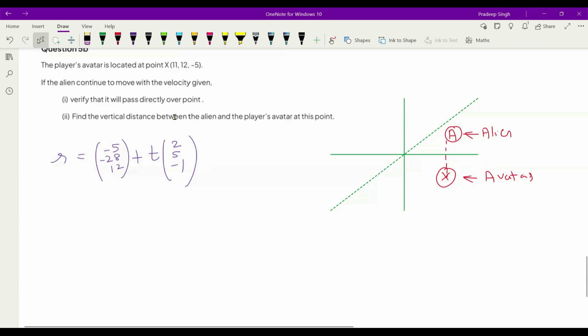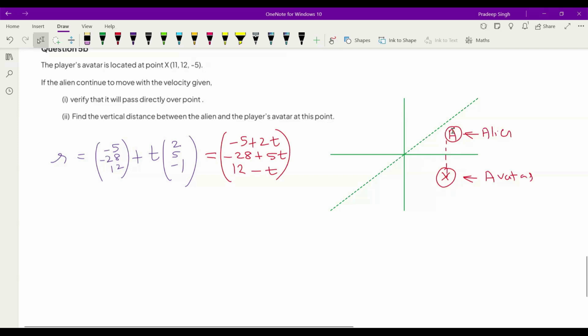Now, back to this equation, which is the vector equation for the alien. Let's simplify. The x component will become -5 plus 2t. The y component will be -28 plus 5t. And the z coordinate of the alien is 12 minus t. Now, we just said that the alien was above the avatar; this was the assumption we are using.